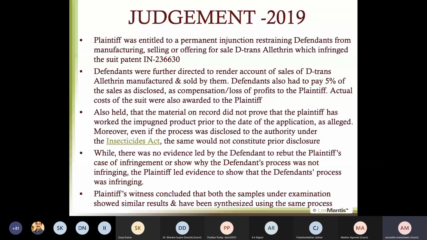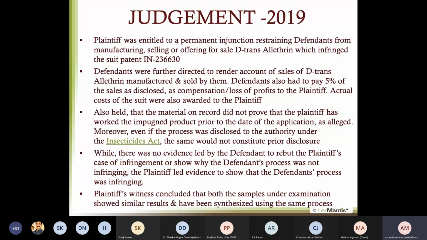Of course, they have won the case, and it is a lovely judgment which said that the plaintiff was entitled to permanent injunction against the defendants. That means they were entitled to restrain them, and the defendants could not bring that product into the marketplace. The defendants were finally asked to pay the plaintiff all sales, profits of sales, all damages and all costs.